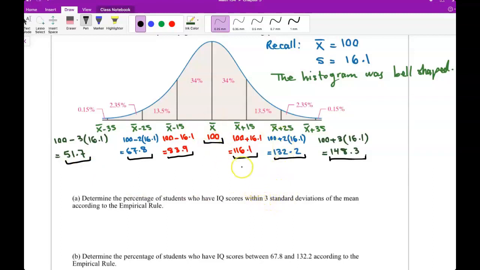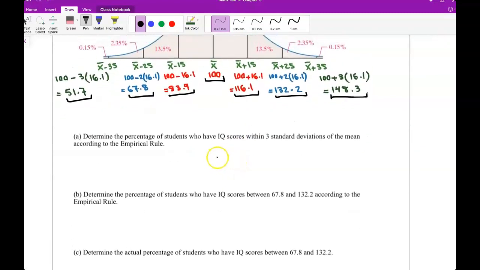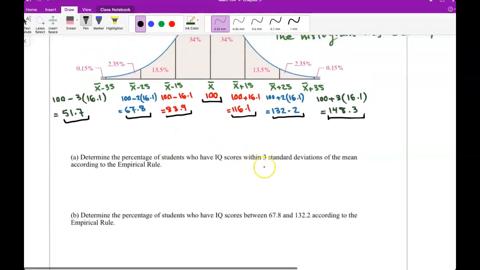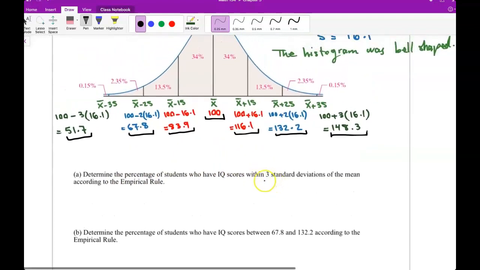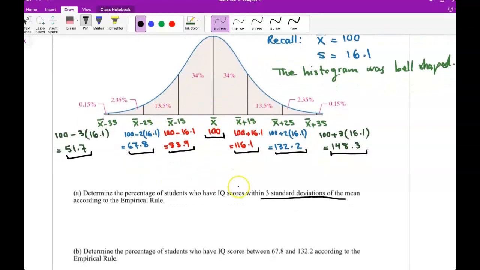Now, based on what we have here, we can answer these questions. Part A, determine the percentage of students who have IQ scores within 3 standard deviations of the mean. According to empirical rule, which is this one, what we have within 3 standard deviation, that is percentage.